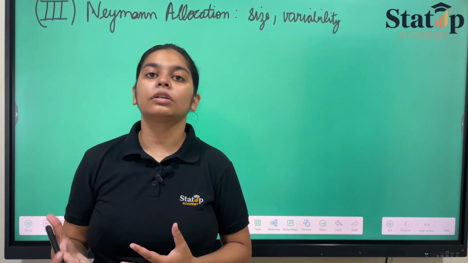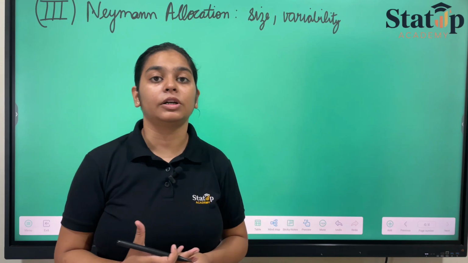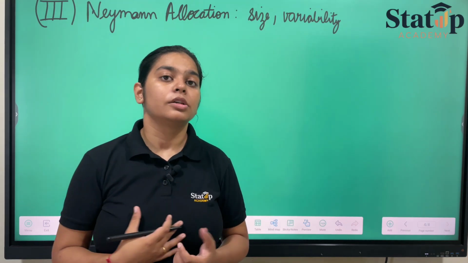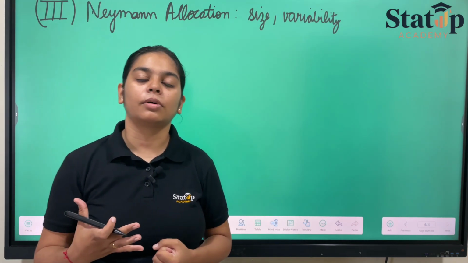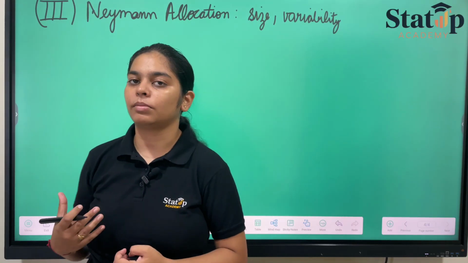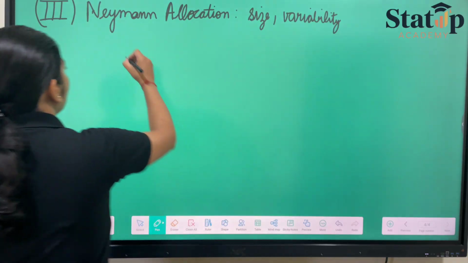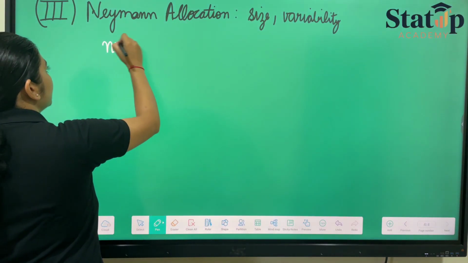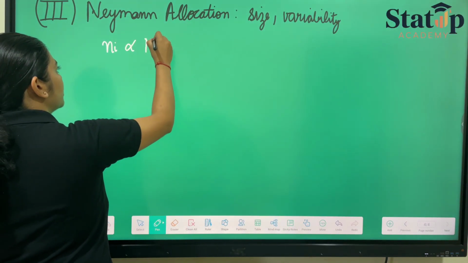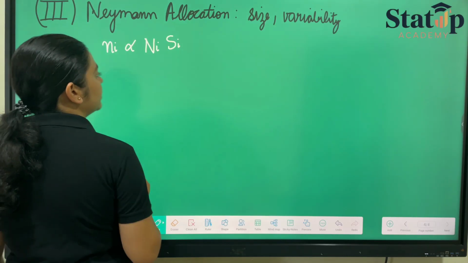So we'll take out the maximum number of units from the one which has more variability in order to reduce the variance. So we'll take out maximum units from stratum 2 and lesser number of units from stratum 1 in the sample.